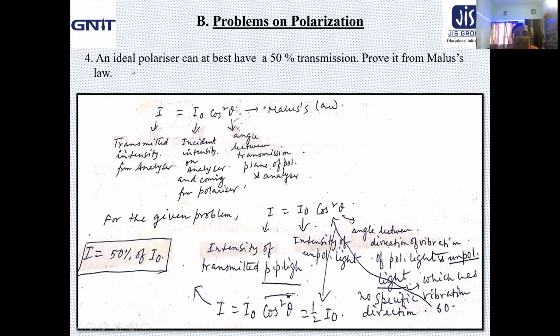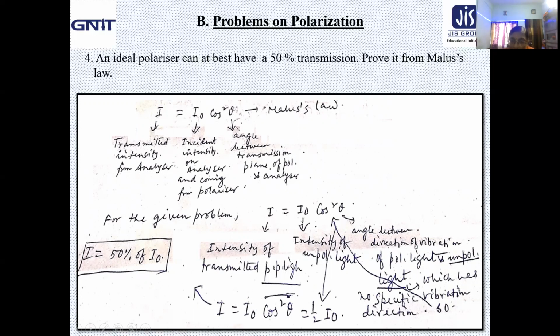But here it is given that an ideal polarizer can at best have a 50% transmission. That means here no analyzer is given, one polarizer is given, and you have to start with unpolarized light so that you can show that an ideal polarizer can transmit maximally 50% polarized light. Clear? So again we are writing Malus's law, I equal to I0 cos square theta. But what about I here? Here I equals the intensity of the transmitted plane polarized light from the polarizer.